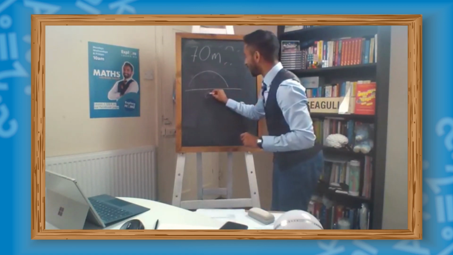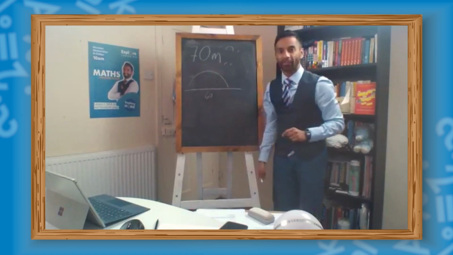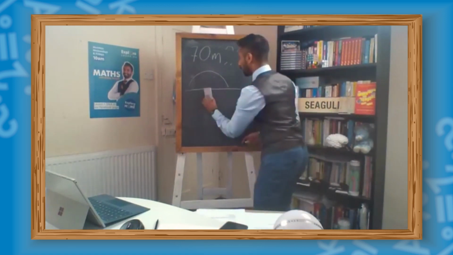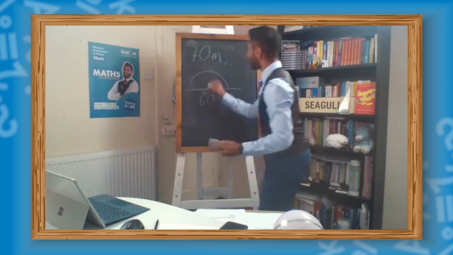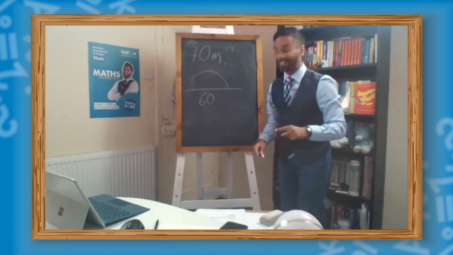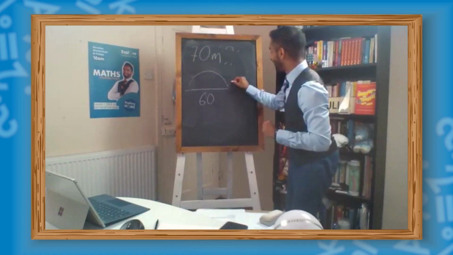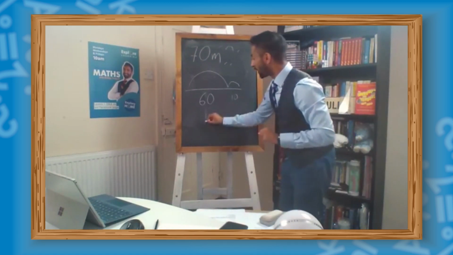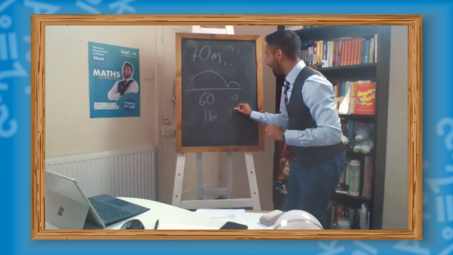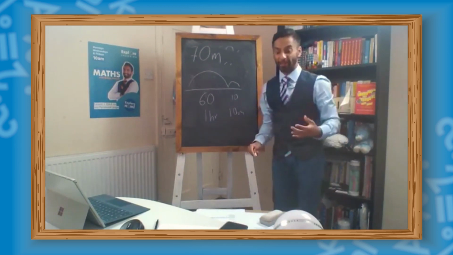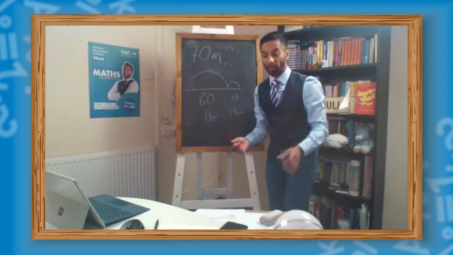That's 60 minutes. That's 1 hour. What's left? I'll write that a bit bigger for you. What's left? 70 less the 60 is the same as 10. 10 left. That's 1 hour and 10 minutes. So these are the basics. We're going to build up a bit.